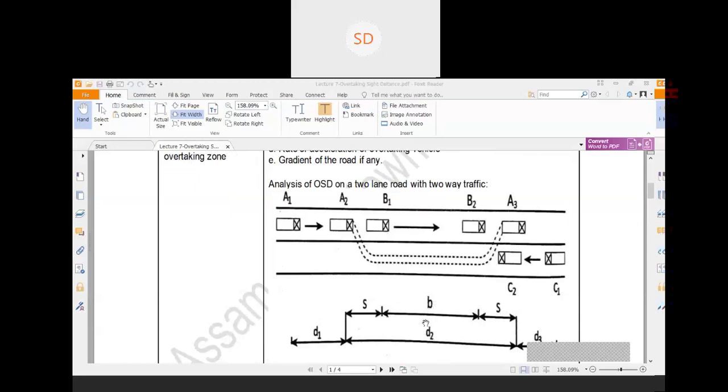Okay, now what about b? B distance is the distance covered by vehicle B from position B1 to B2. So this distance would be, if the speed of the vehicle B is Vb and the total time taken for that overtaking operation is capital T, Vb into capital T.